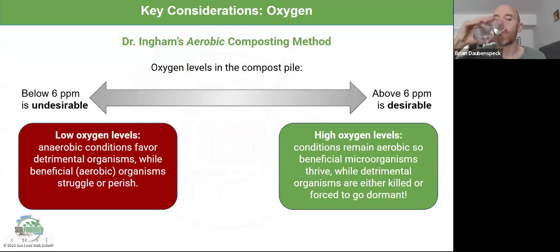Oxygen. So the number that we often mention is 6 parts per million. That's kind of the threshold. Below 6 parts per million, we start to have anaerobic conditions, and we favor those microorganisms. Above 6 parts per million, we start to see our aerobic organisms. How are we monitoring this? There are oxygen meters and different things we can use for teas and extracts, which we do use.